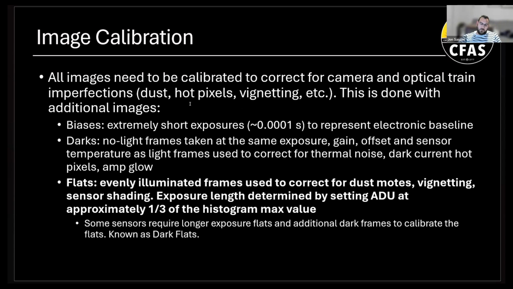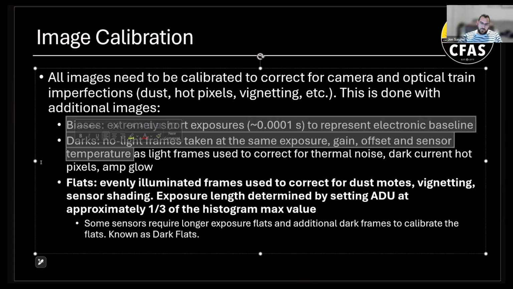Meaning you'll notice, as you may have noticed if you process your images, you'll have a couple pixels that are solid red or green, right? That never change colors. You have some vignetting, so the corners around the edges may start to get darker. So you need to take some specific types of images here to calibrate for all these imperfections.